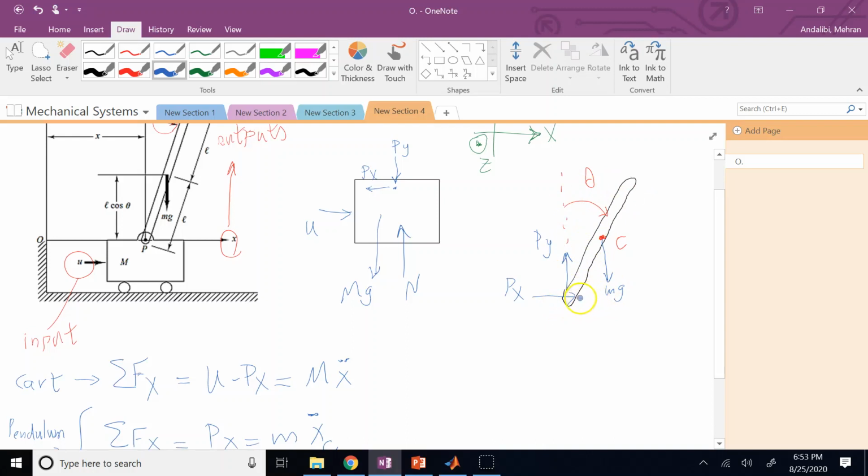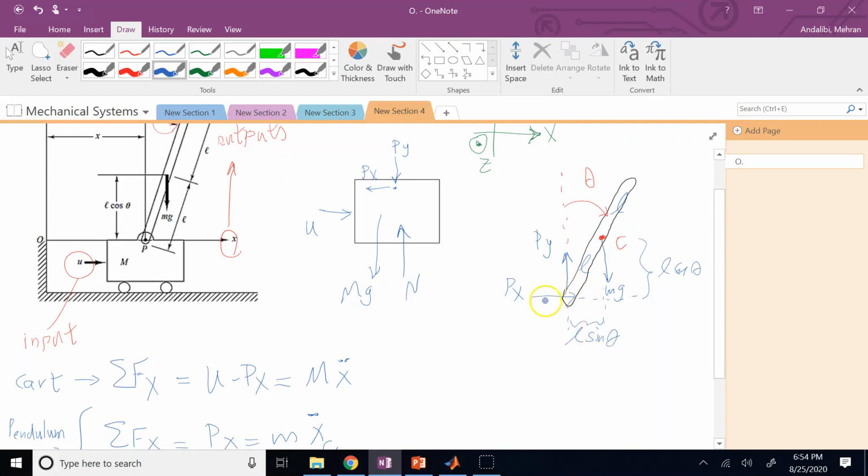The whole length of the pendulum is 2L. So this is L, this is L, and this angle is theta. So the distance between P_x and the centroid is basically L cosine theta, and then the distance between P_y and the centroid is what? L times sine theta.